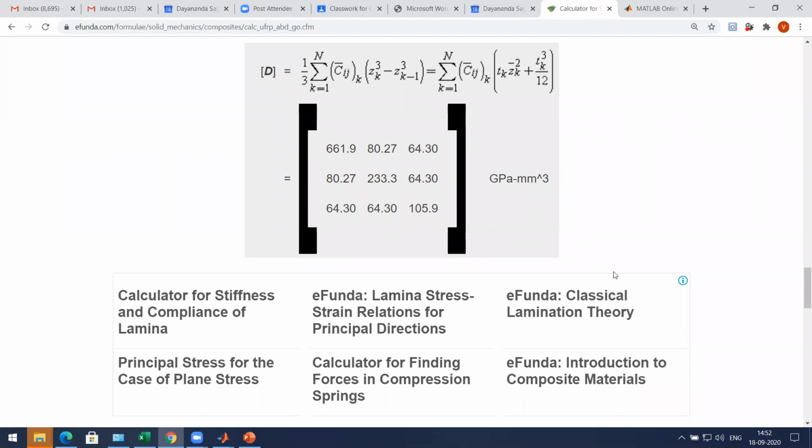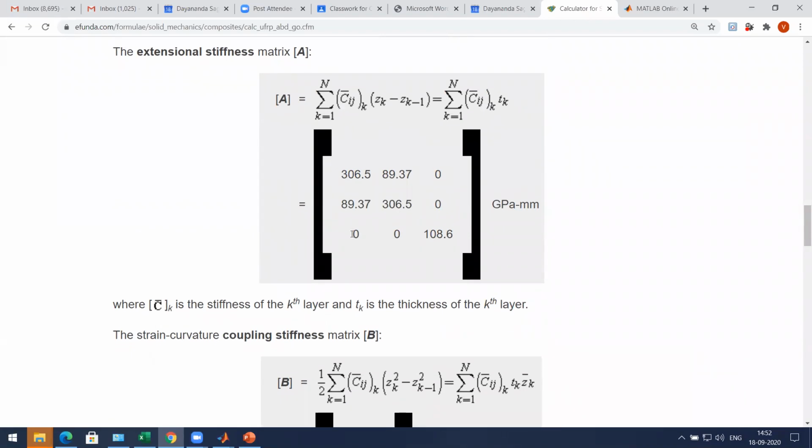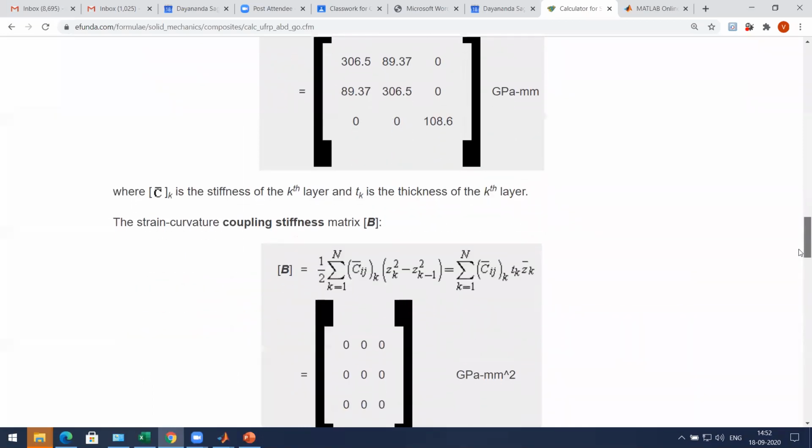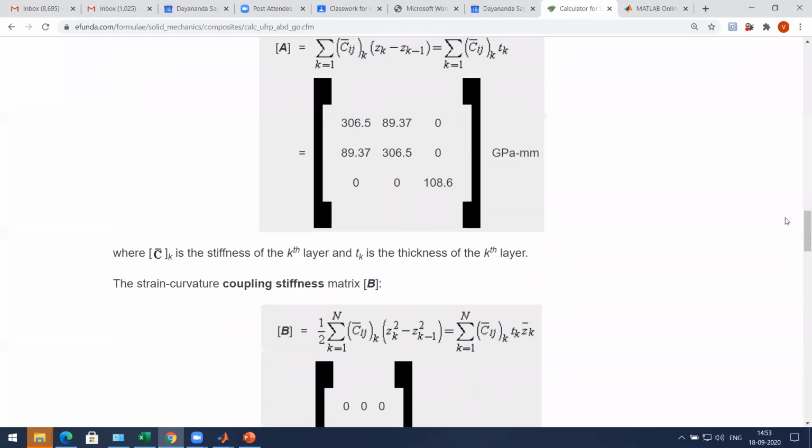D16 and D26 are not 0, but you have overcome two things now. It is a quasi-isotropic laminate having a B matrix of 0, so you have avoided another type of coupling. This is also like isotropic, except for the D matrix.